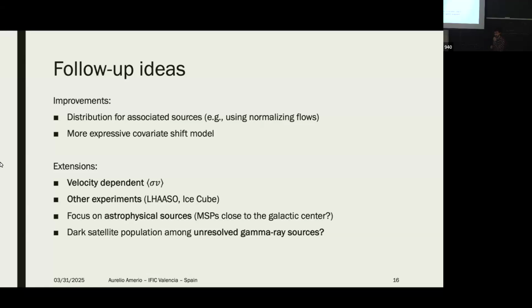Maybe another way I could pose the question is, supposing you weren't interested in detecting dark matter annihilation. Maybe dark matter doesn't annihilate, but it's very interesting to know the population of these very, very light satellites.